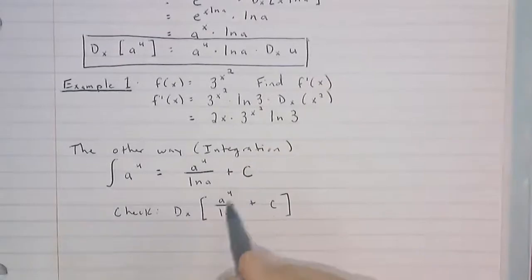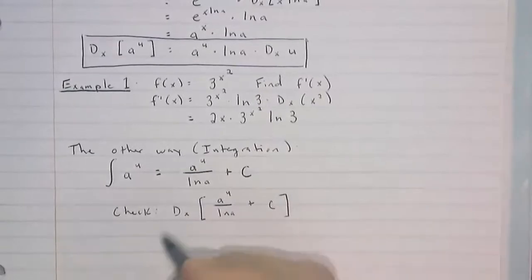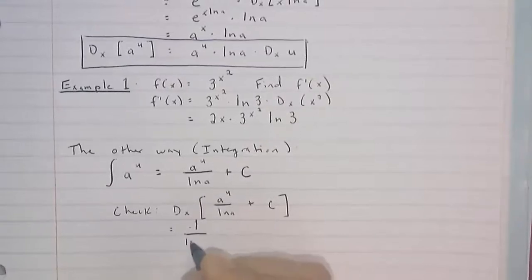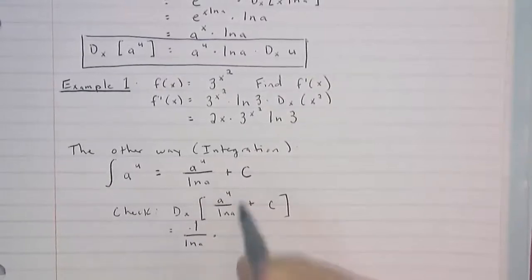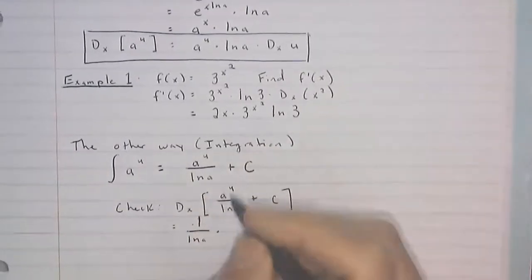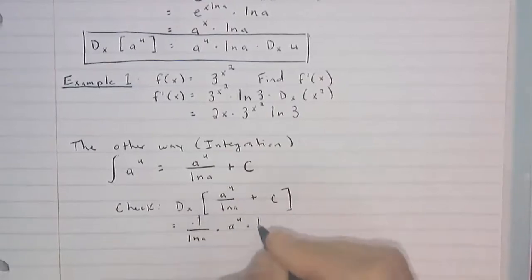The derivative of a to the u over ln of a, understanding that ln of a is just a constant, is equal to 1 over the ln of a times the derivative of a to the u, which is a to the u times the ln of a.